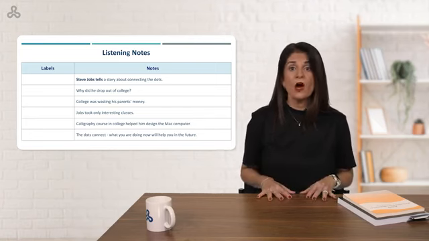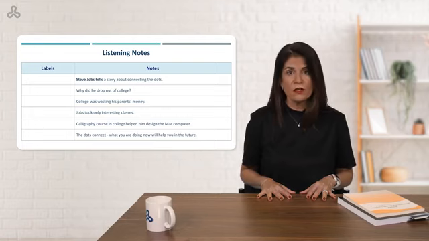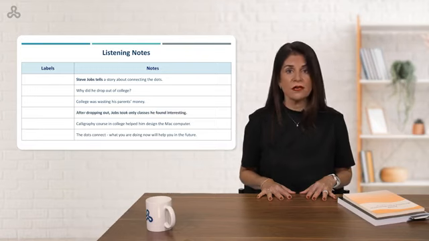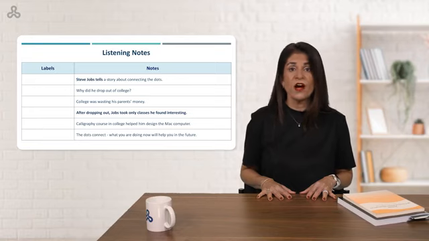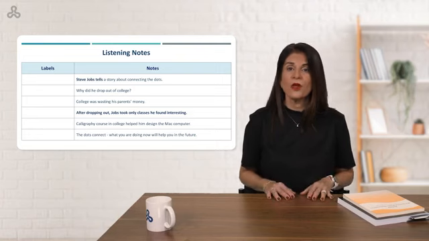Here, we now may want to revise this note to better connect it. After dropping out, Jobs took only the classes that he found interesting. Calligraphy course in college helped design the Mac computer. The dots connect. What you are doing now will help you in the future.